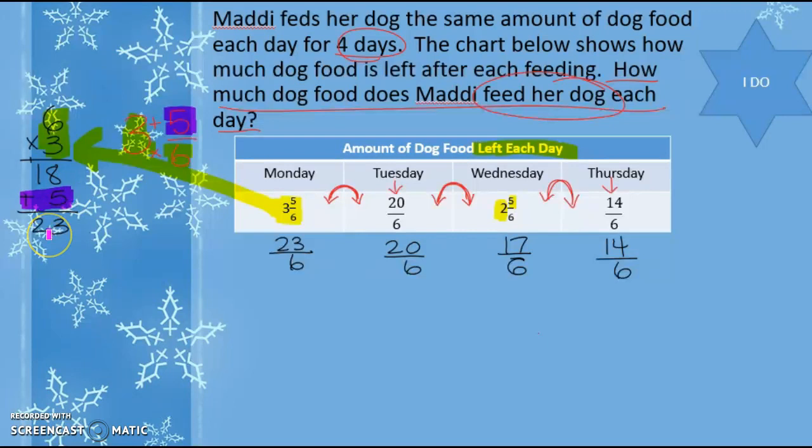And so we have 23 sixths, and then over here we have 17 sixths. Now what we need to do is look at the numerator. What is the difference between each one of these numerators? If you're thinking what I'm thinking, you're exactly right. I subtracted 3, I subtracted 3, and I subtracted 3.